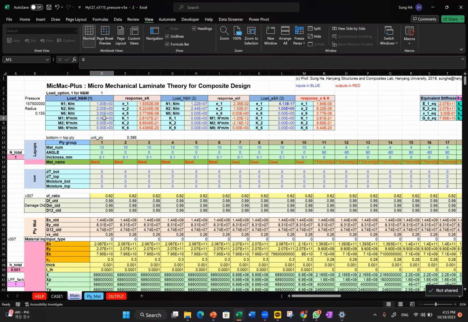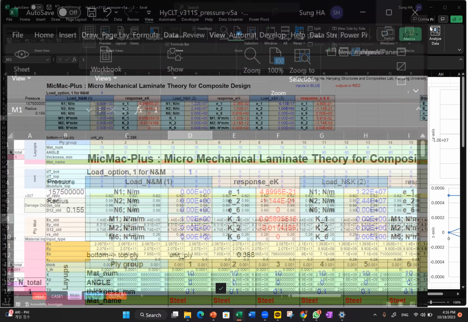Now we can apply a bending moment. Let's say we eliminate the in-plane load, and apply only the bending moment.